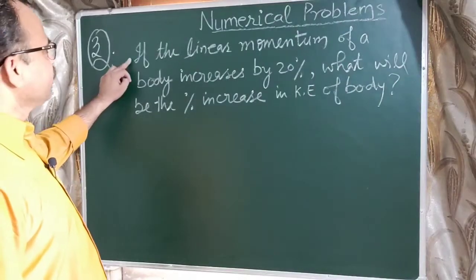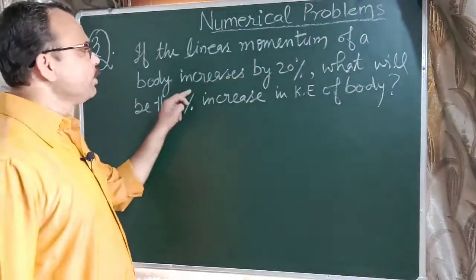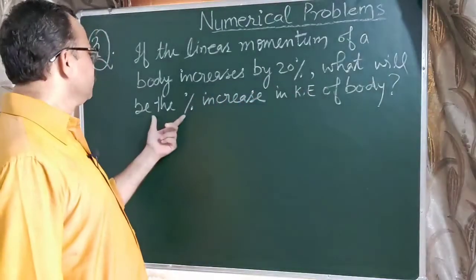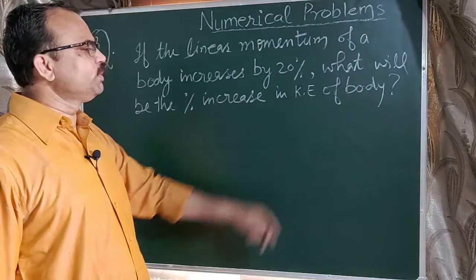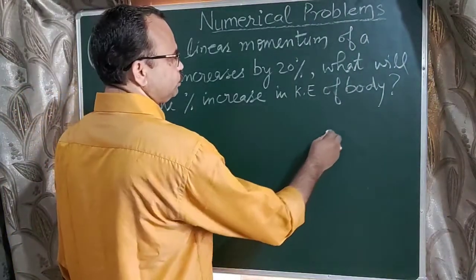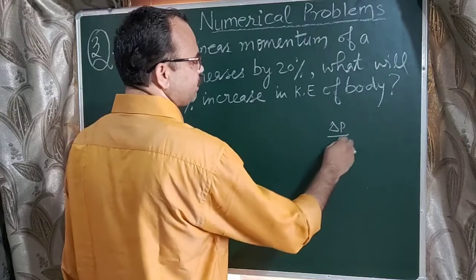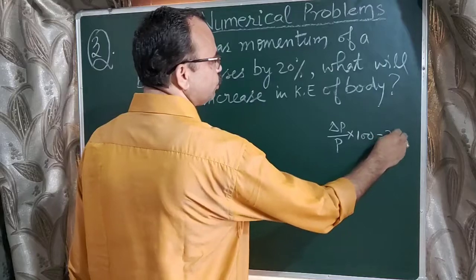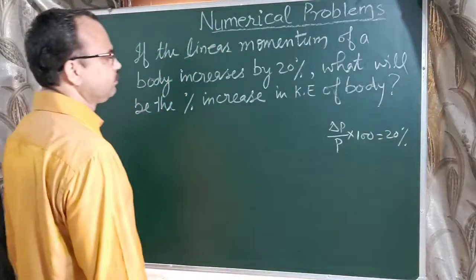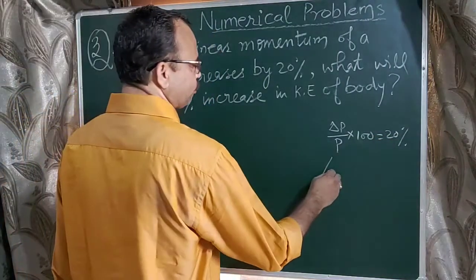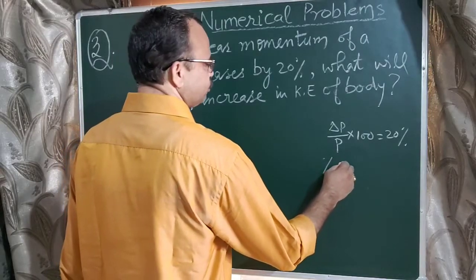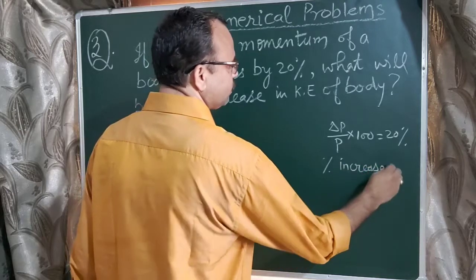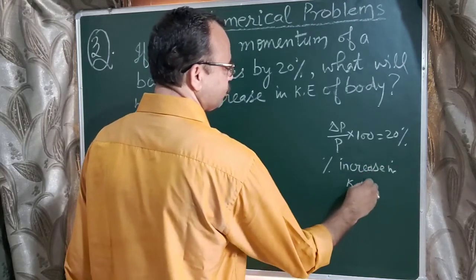Now question number 3. If the linear momentum of a body increases by 20%, what will be the increase in kinetic energy of the body? So delta p, the change in momentum upon initial momentum into 100, is equal to 20%, which is given. Clear? We have to calculate the percentage increase in kinetic energy.